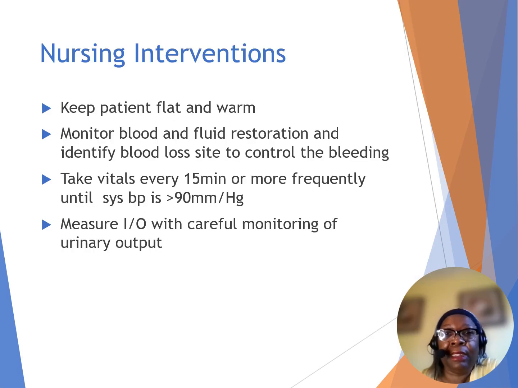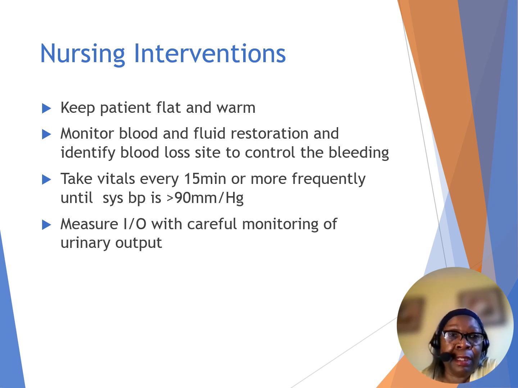All right. Now let's look at these interventions. We want to keep this patient flat and warm, right? What are we taking into consideration when they say keep the patient flat and warm? Shock, right? In early stages of shock, you see a heart rate of less than 100 and a normal blood pressure.